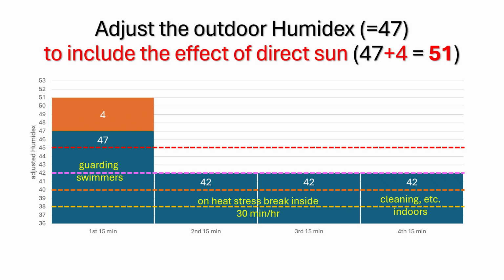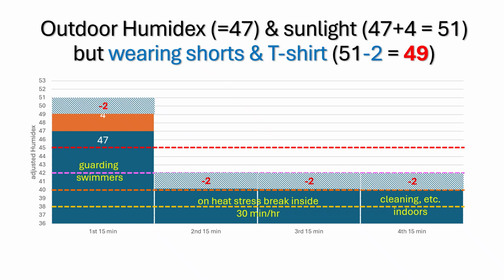Now we also have to take into account the effect of being in direct sun when you're outside guarding swimmers. So we need to add 4, which gives you a new measurement of Humidex adjusted for the sun of 51.